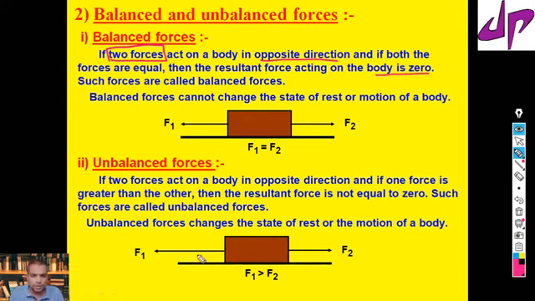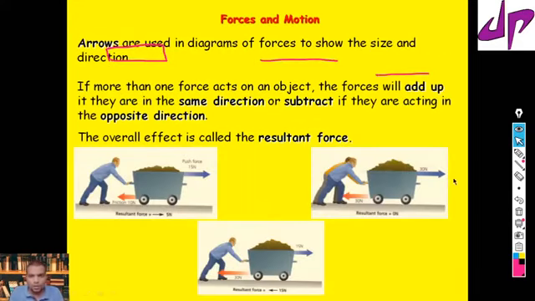Now, if you look at the previous example, in this third figure the applied force is 30 Newton and the friction force is also 30 Newton. In this case, what is the resultant force? The resultant force is equal to 0 Newton.